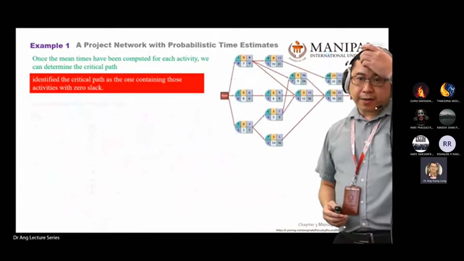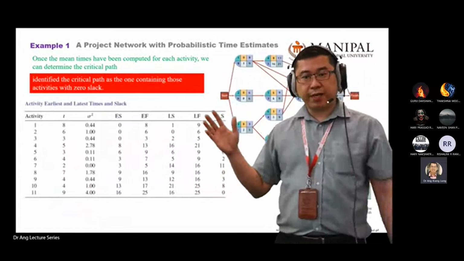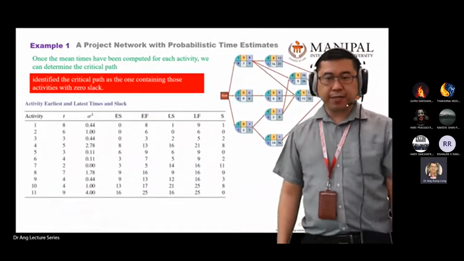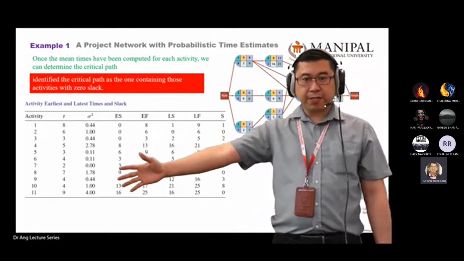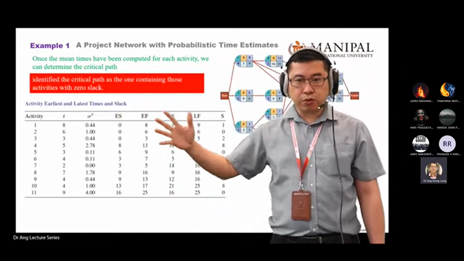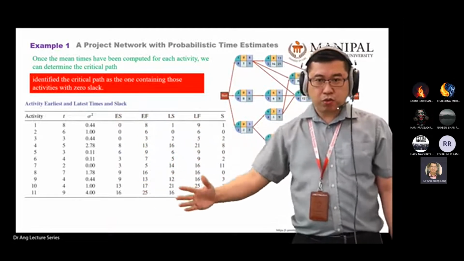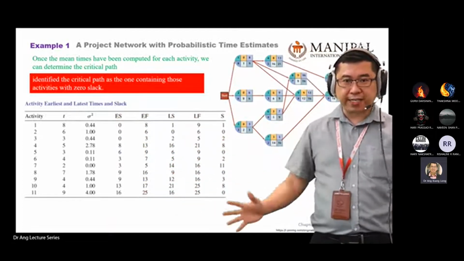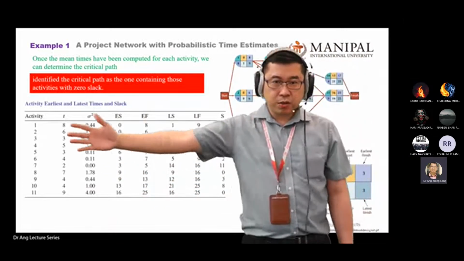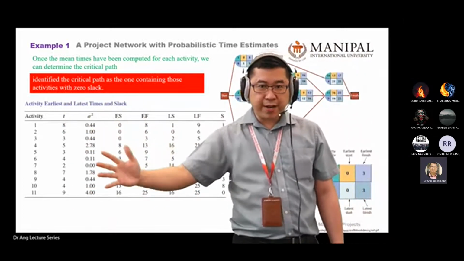The next step is that you can extend the table from the available table just now. You can extend another 4 columns, 1, 2, 3, 4, and then find the slack time. You have the t and the variance just now.